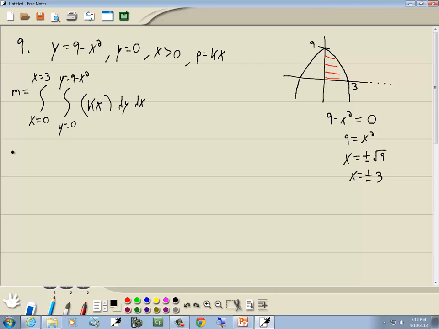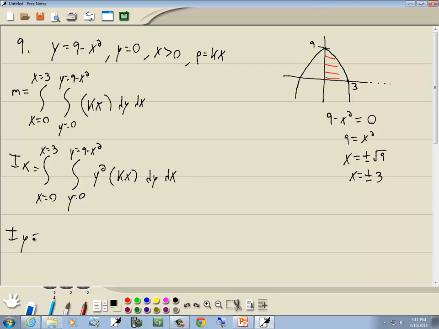So that's m. Now for our inertia about x, we have x equal to 0 to x equal to 3, and then y equal to 0 to y equal to 9 minus x squared. Now we're finding with respect to x, we have to put a y squared in here, times rho, which was kx, and then dy dx.